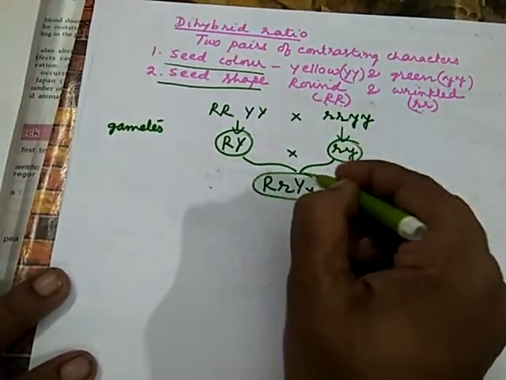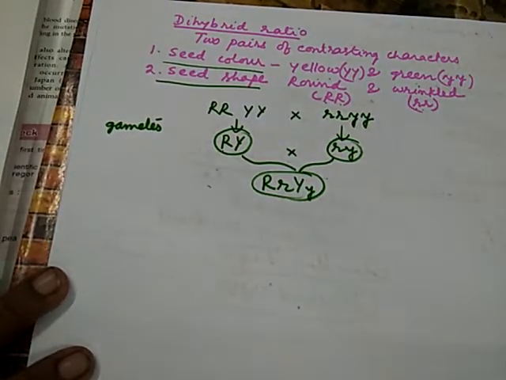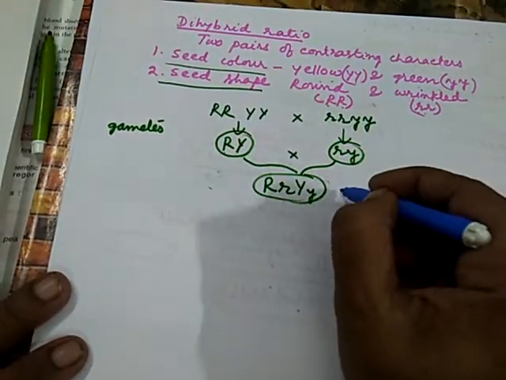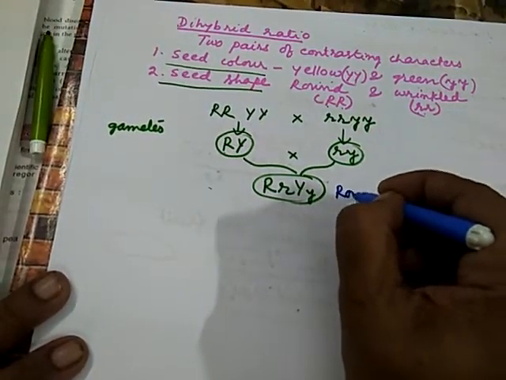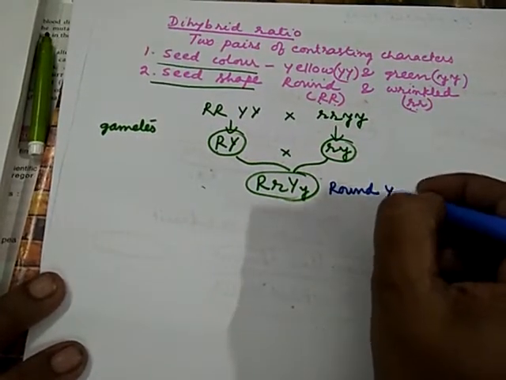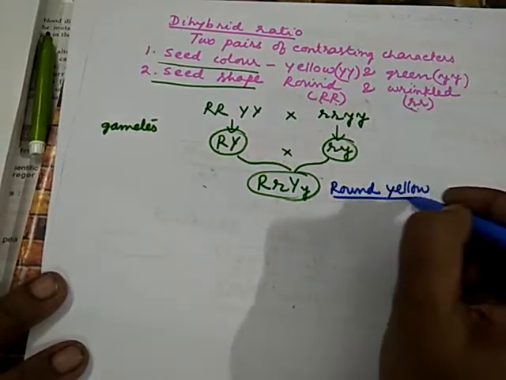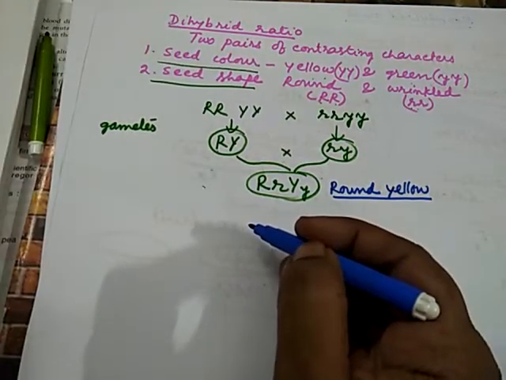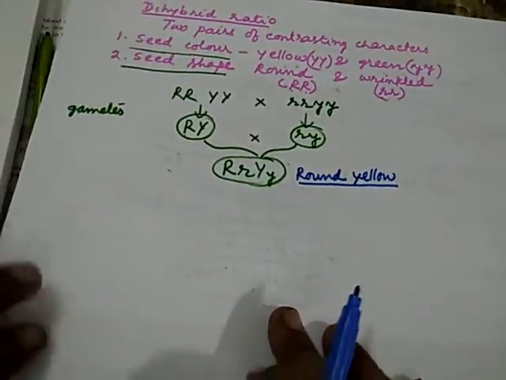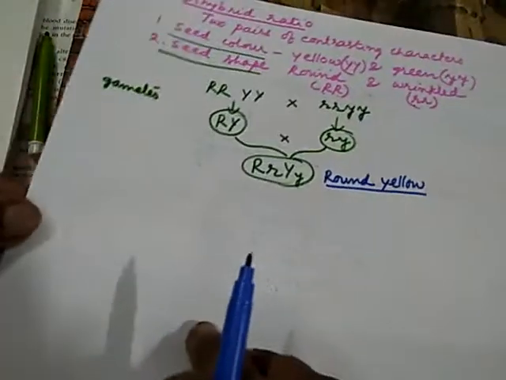This is the zygote containing all the characters, but only the dominant characters are expressed. This is the heterozygous round and yellow plant, obtained through cross pollination.